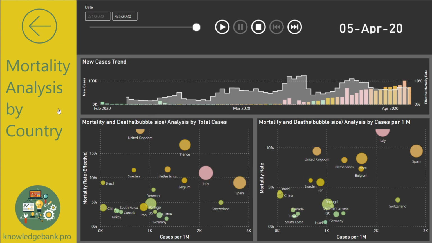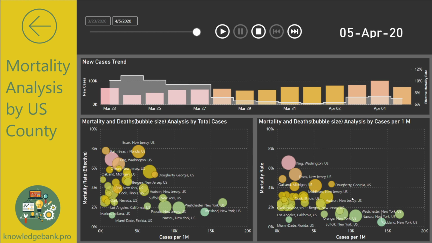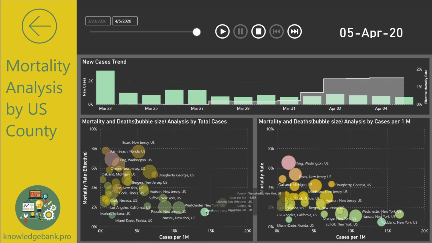Let's go ahead into our cases by county and see if there are reasons to be nervous. And obviously there is a reason to be nervous, but let's see how we're doing so far. You can see that actually things are not looking that bad. We have 2 counties with a number of cases per million population that's an order of magnitude higher than Spain, Switzerland, or Italy, yet the mortality is very low.